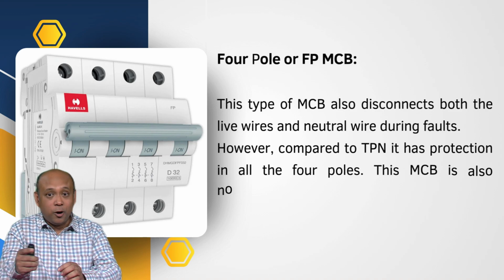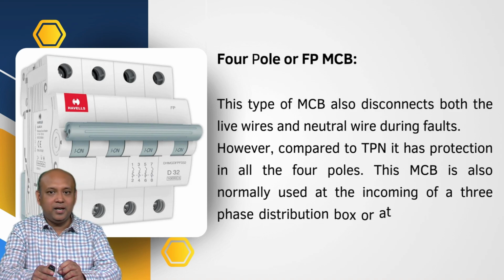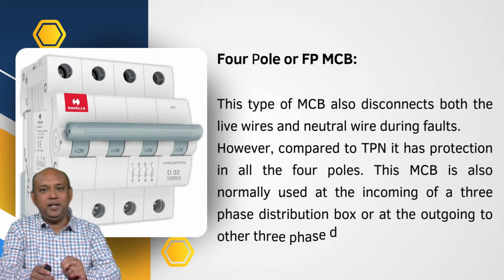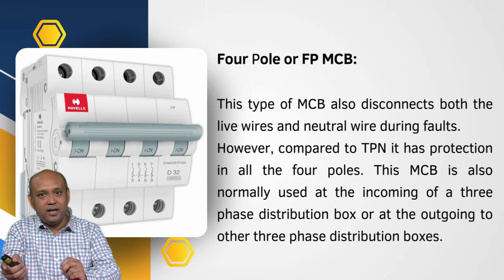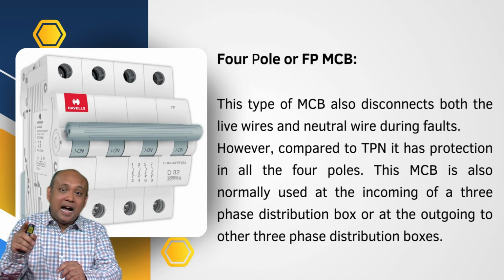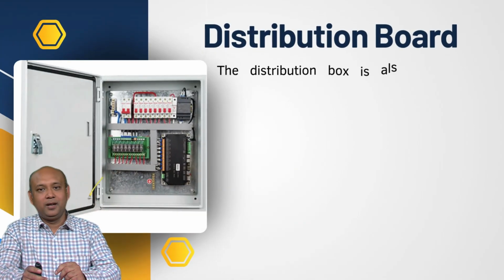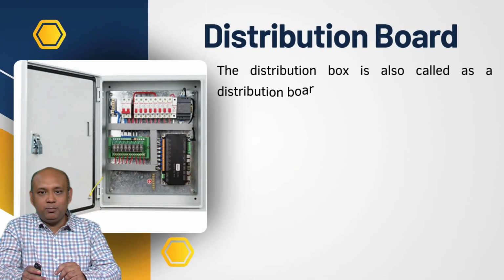However, compared to TPN, it has protection in all the 4 poles. This MCB is also normally used at the incoming of a 3-phase distribution box or at the outgoing to other 3-phase distribution boxes. Alright, let's talk about the distribution box next.